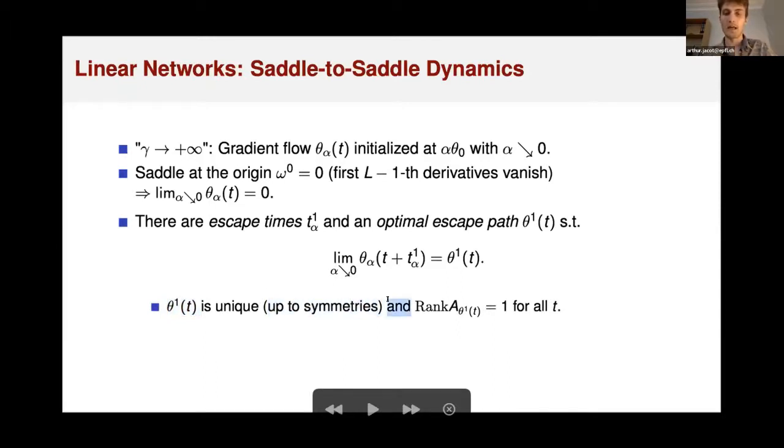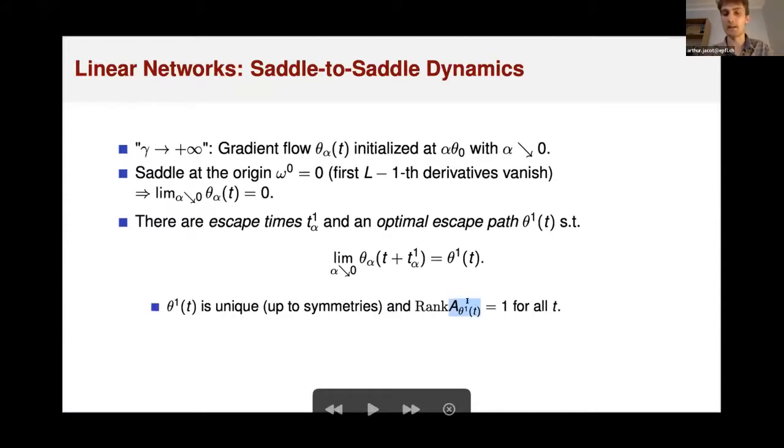And what's interesting is that essentially this escape path lies inside of an invariant region. It's some kind of manifold, some kind of region where if you initialize on this region, you cannot escape this region. This region has the property that if you take any point in this invariant region, the rank of the matrix represented by the network is going to be 1.